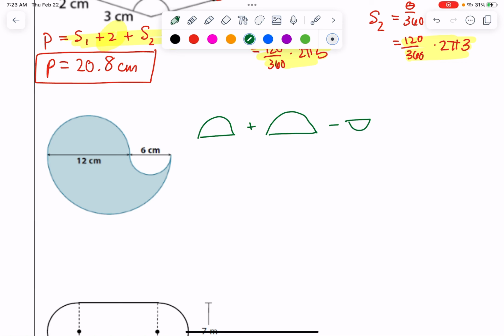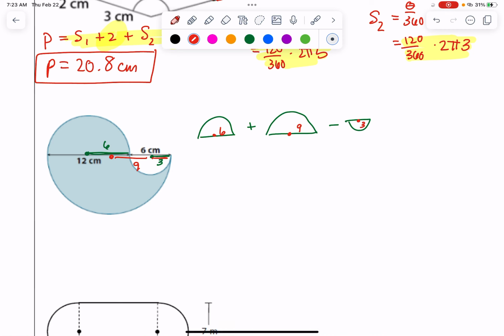When I do this, the radius for this semicircle is 6. The radius for the small one is 3, and the radius for the big one is 9. So this is 9, this is 6, and this is 3.